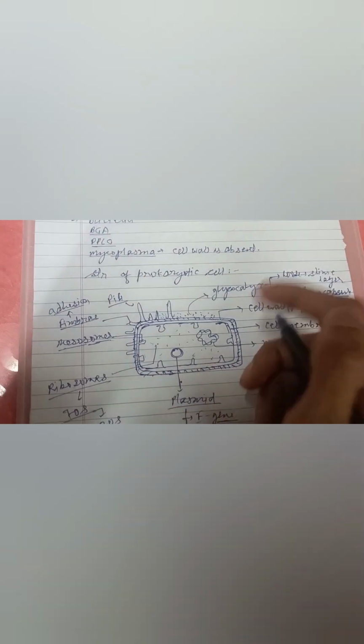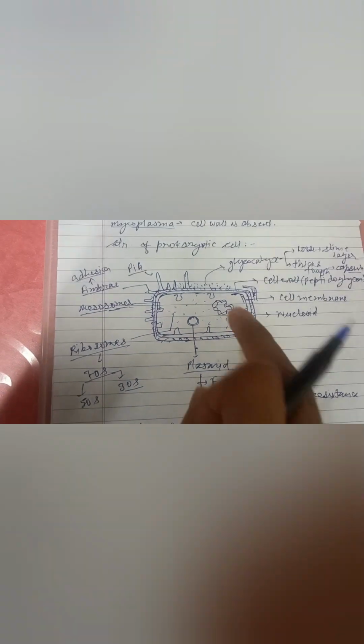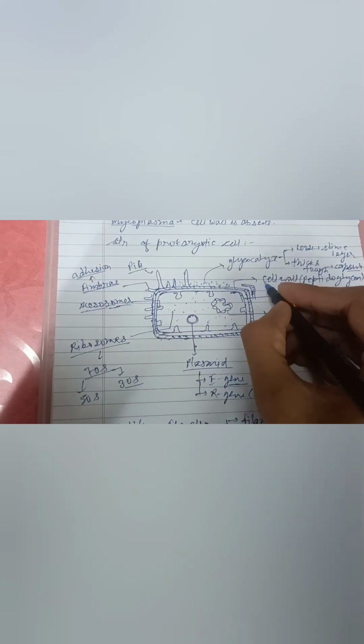Actually, in the case of gram negative bacteria, there is an additional layer present outside of the cell wall, and this layer prevents taking up the stain. The cell wall, which is made up of peptidoglycan, actually takes the stain and changes its color. But in gram negative bacteria, the additional layer outside of the cell wall prevents the cell wall from taking up the stain.